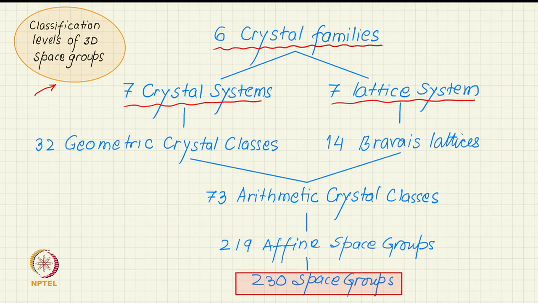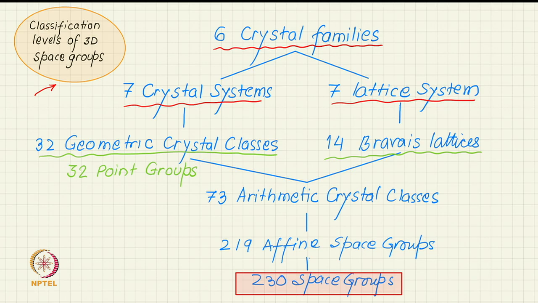Then you have 32 geometric crystal classes. These are nothing but the 32 point groups which we have discussed. So, each of the 230 space groups will belong to one of the 32 point groups. On the lattice system side, you can have 14 Bravais lattices. Again, each of the 230 space groups will belong to one of the 14 Bravais lattices.